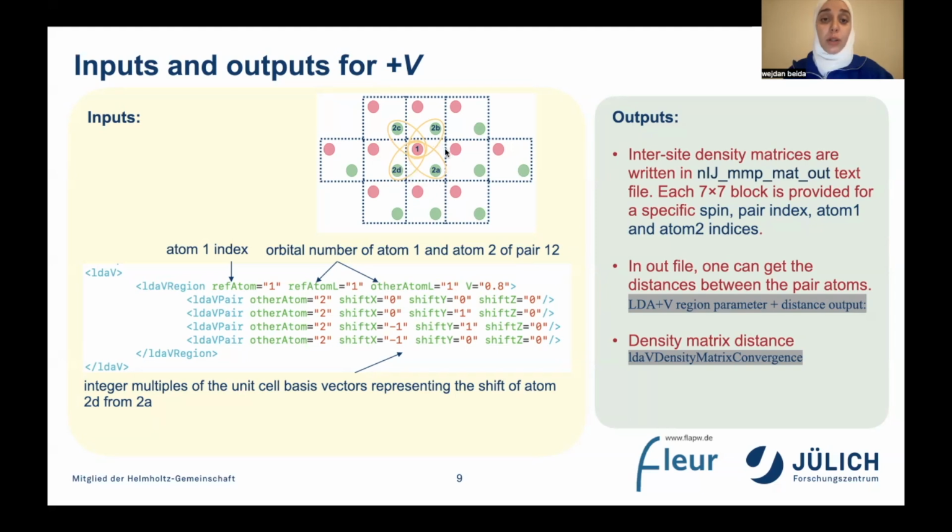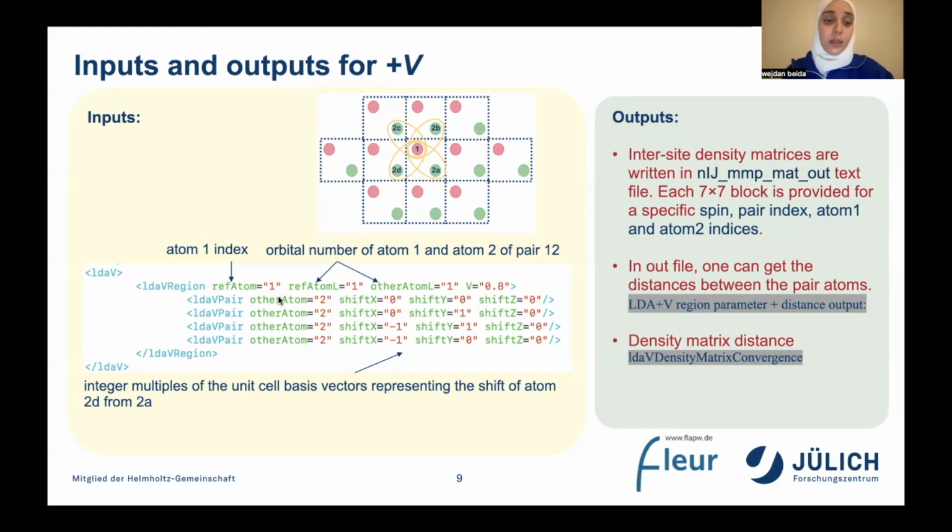Here is our first unit cell. It has atom 1 in red and atom 2 in green. Atom 1 can interact with four green atoms on the level of nearest neighbor.